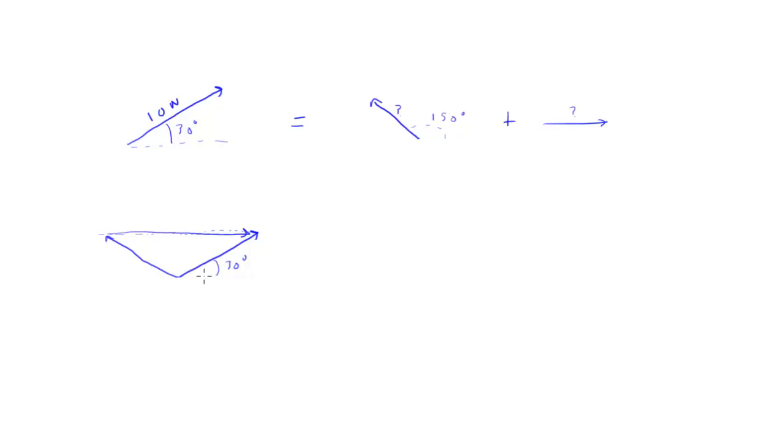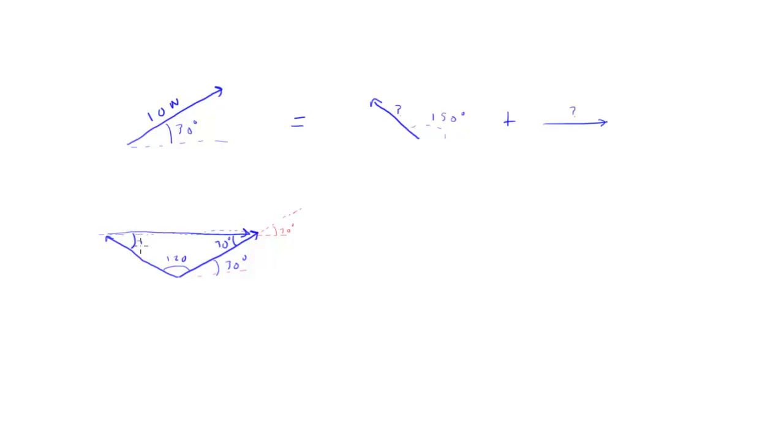So originally this was 150 degrees. That means that this is 120 degrees. If we think about it for a second, we should recognize that if this was 30 here, then this is 30, which means that, lo and behold, this is 30.